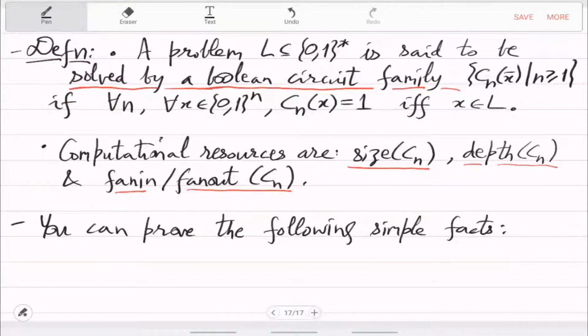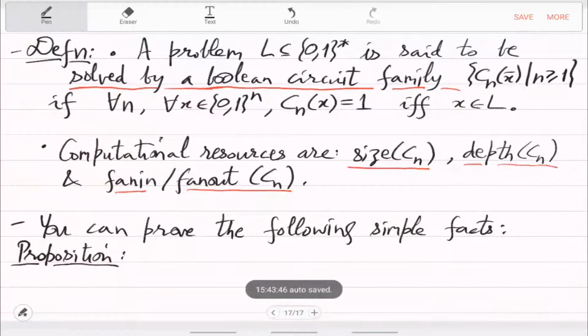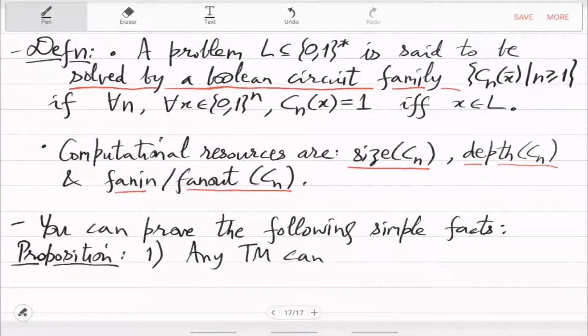It's a good warm-up exercise, especially if you have not done a complexity course before. So any Turing machine can be turned into a Boolean circuit family.